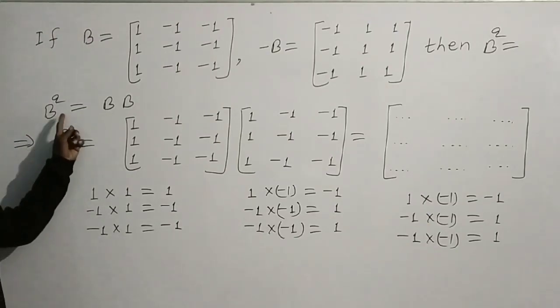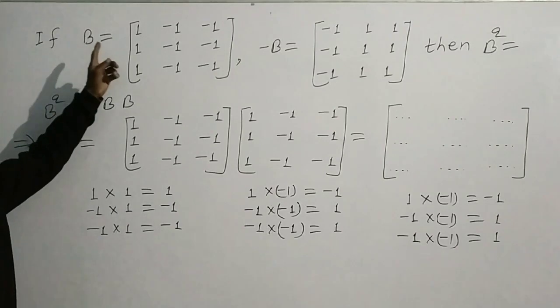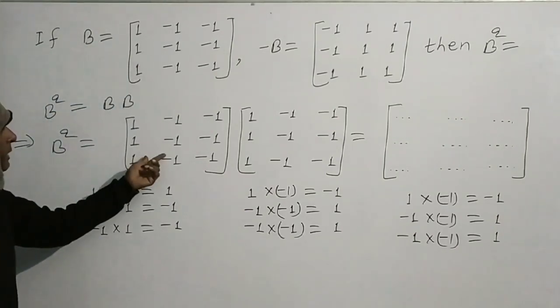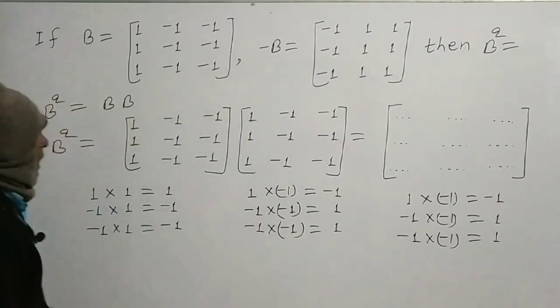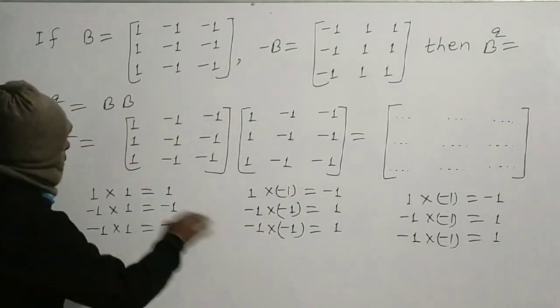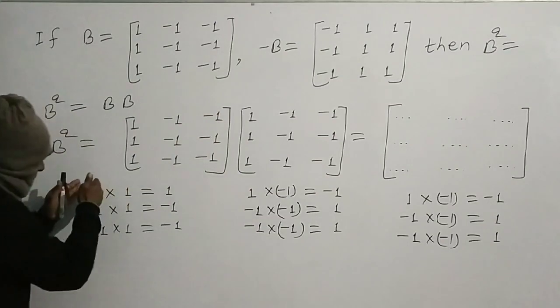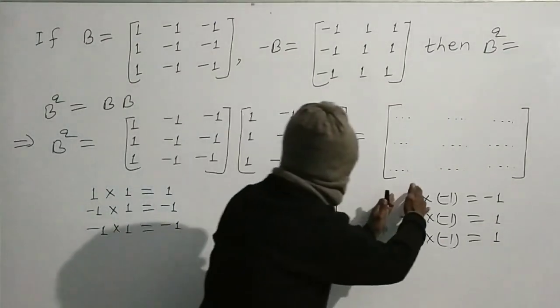B square means B times B. Therefore, in place of B, we write this matrix times this matrix. How to multiply these two matrices? We write the first row of the first matrix here, here and here.